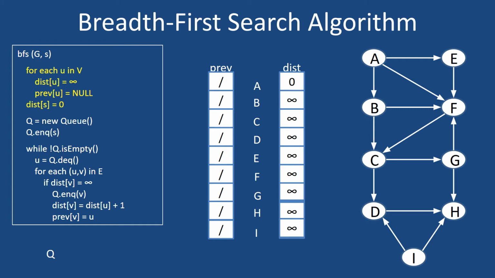Now, we also use a queue, and that's abbreviated here. A queue data structure is going to play prominently in this algorithm. So we create the new queue, and we enqueue s. Our start vertex is A, so we're going to throw it on the queue. That sets things off. Now I'm going to use colors over there and down here as the algorithm goes along.